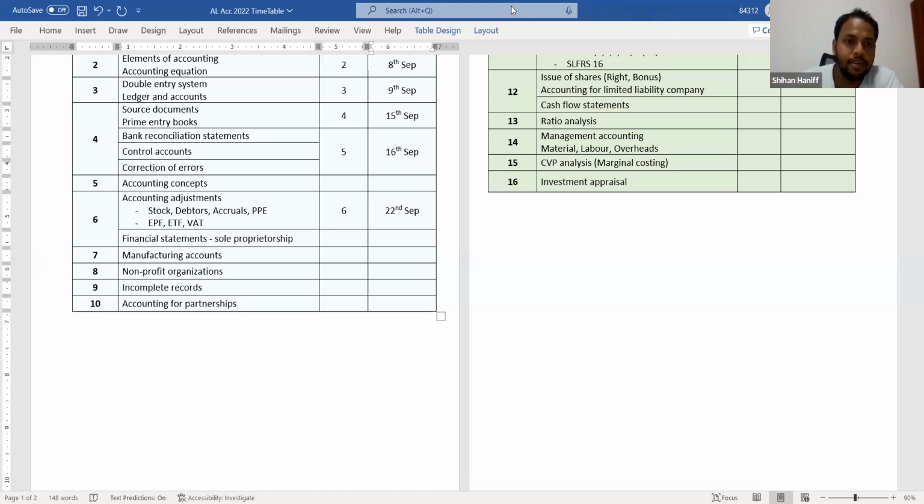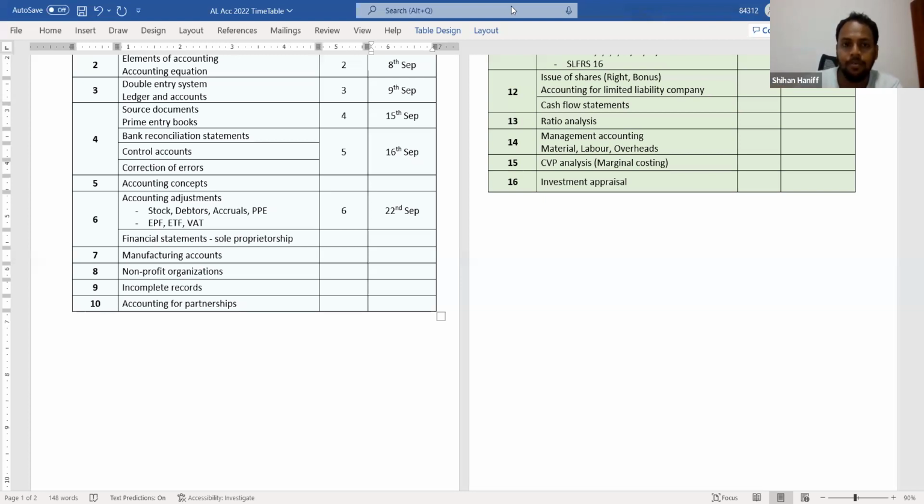Then the statement of changes in equity, the statement of cash flow, and finally the notes to the financial statements. Starting with sole proprietorships, we will prepare only the statement of profit and loss and the statement of financial position, only those 2. Then we have elements. In these financial statements, there are 5 main elements: assets, equity, liabilities, income, and expenses.